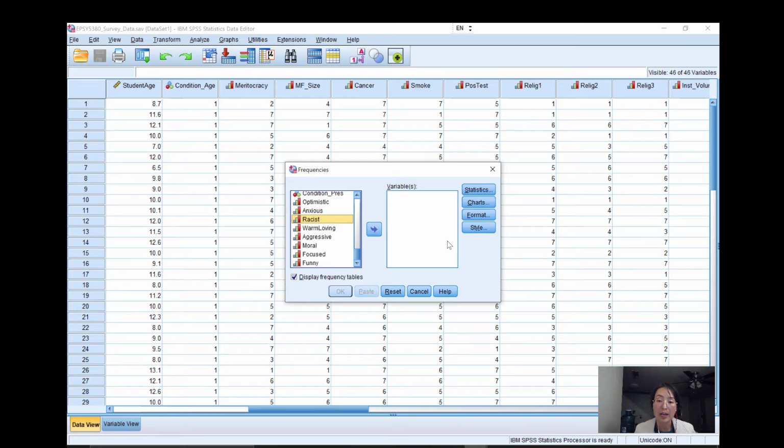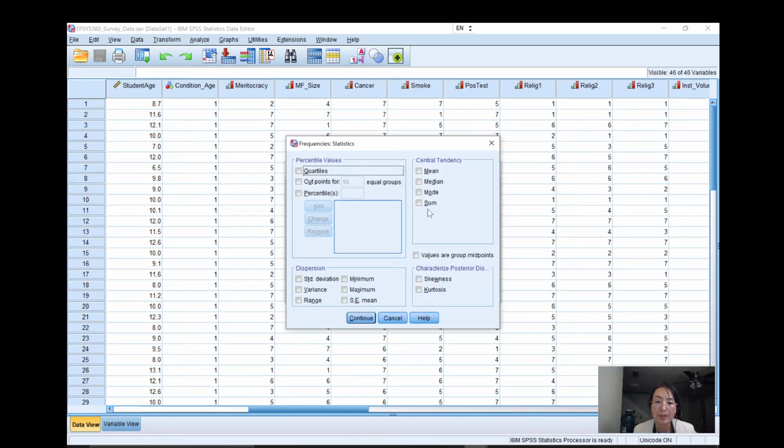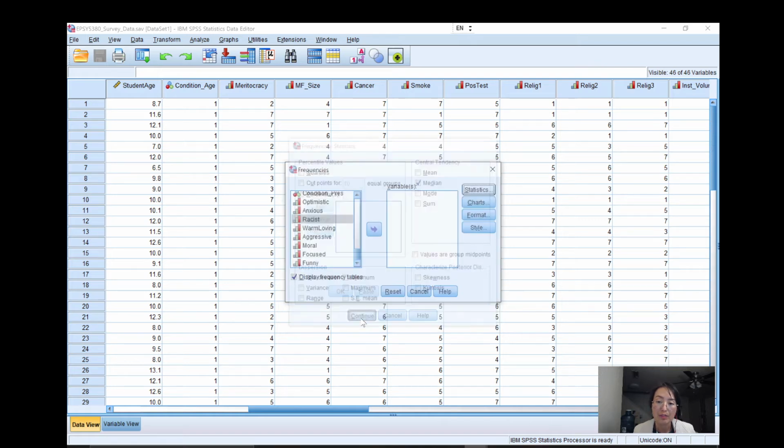So let's take a look at how this goes in terms of median. And for median, usually if you want to see the quartiles, then you can select them. But at this time, I'm just going to find the median, and if you want to take a look at the frequency table, that's fine.